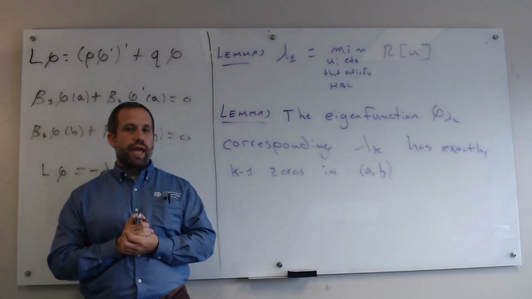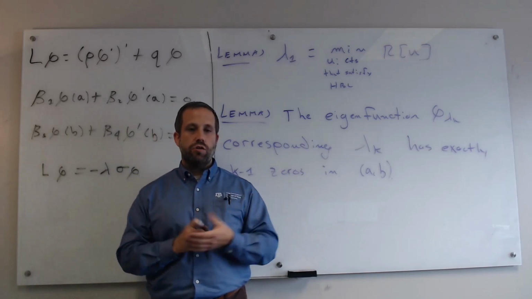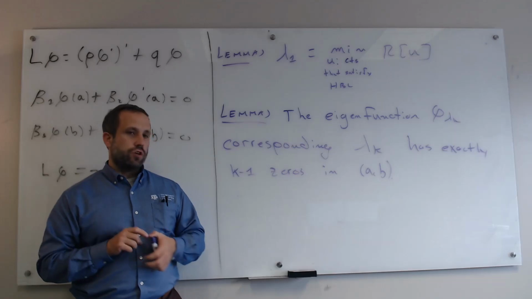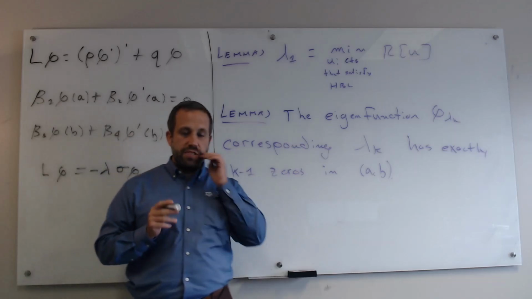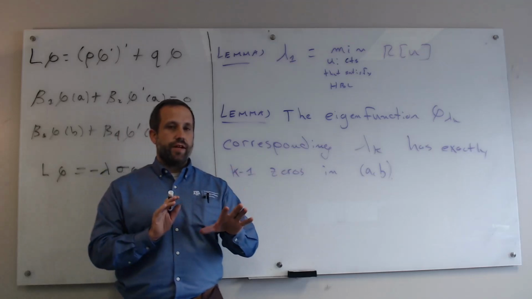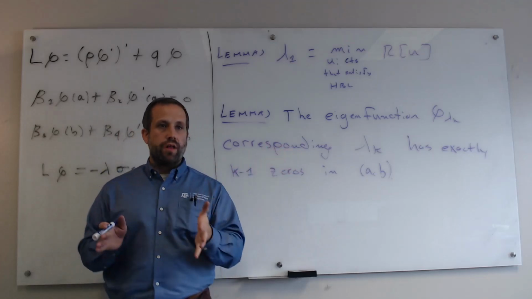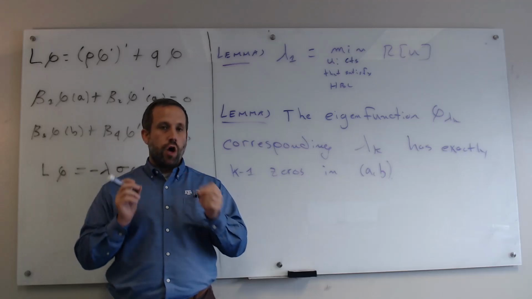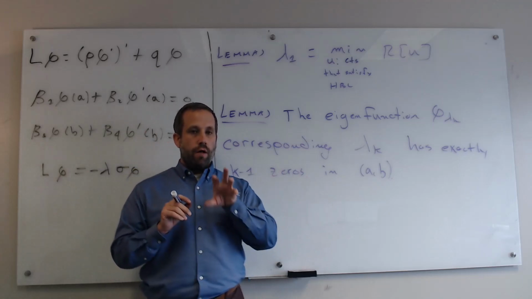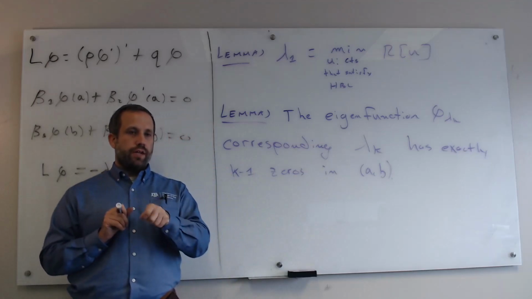Similarly, if you look at the cosine k pi x functions, now that starts at the smallest eigenvalue. So here we need to reorder things a little bit differently. So lambda 1 is always the smallest eigenvalue. For cosine, we start with cosine k pi x. Well, the first eigenfunction corresponds to k equals 0.